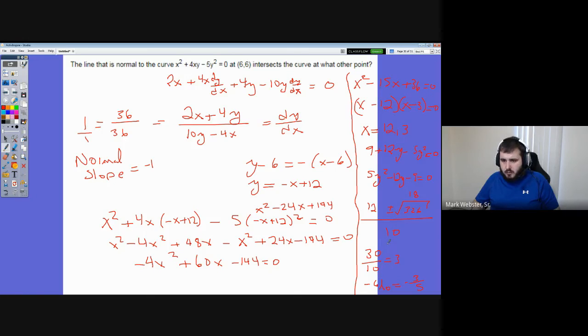And so if I plug in the point, I check the point. This is the y value, right? This is the x value, 3. If I plug that in, I get 0 equals 0. So I know that one works.